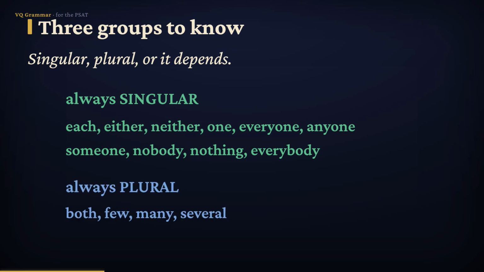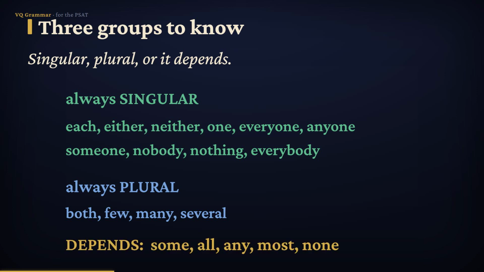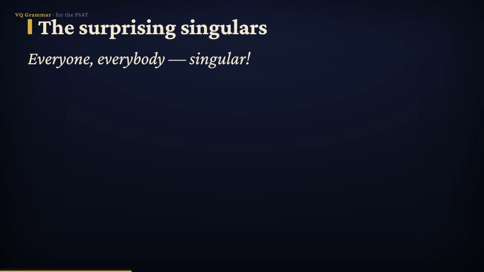The second group is always plural. Both, few, many, several. And the third group depends. Some, all, any, most, none. These can swing either way, and we'll see how. Singular, plural, depends. Now the trap.